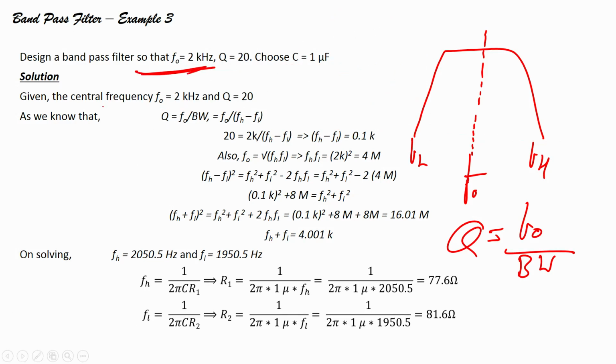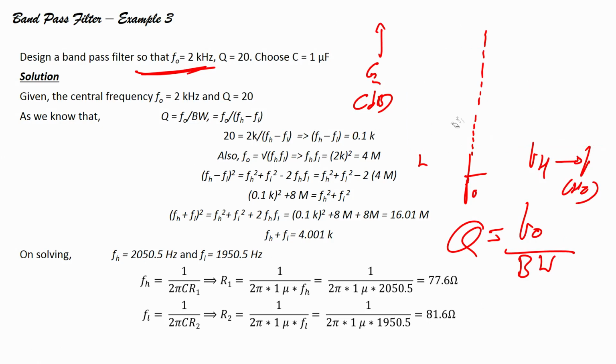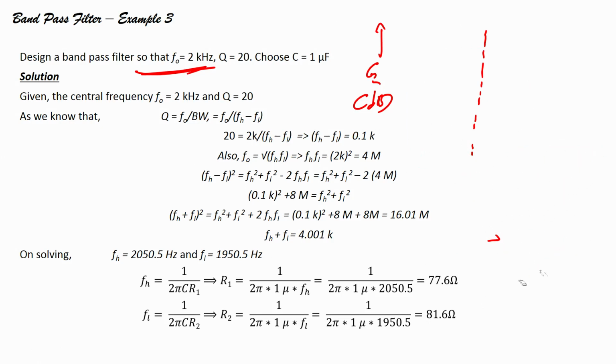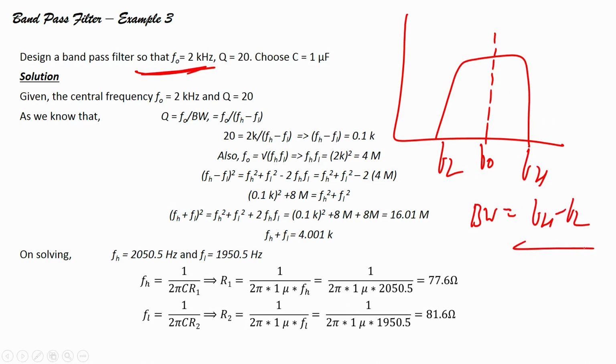The central frequency is given by FO, as you have seen here for this particular plot. This is your gain in decibels, this is your frequency in hertz, and then Q equals FO by bandwidth. What is bandwidth? Bandwidth is the higher frequency minus the lower frequency, FH minus FL, so the term is positive.